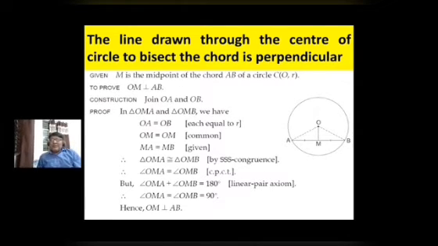Next theorem is, this is just the converse of the theorem that I have just discussed. This says that the line drawn from the center of a circle to bisect the chord is perpendicular. That is, OM is joined to the midpoint of AB.